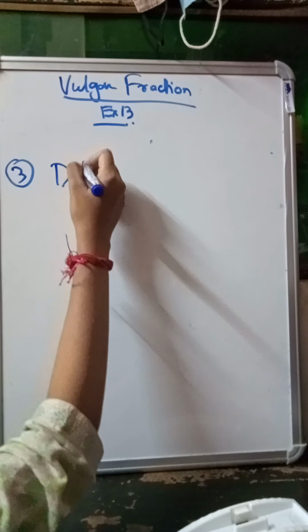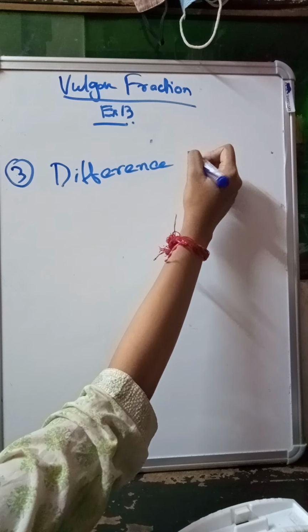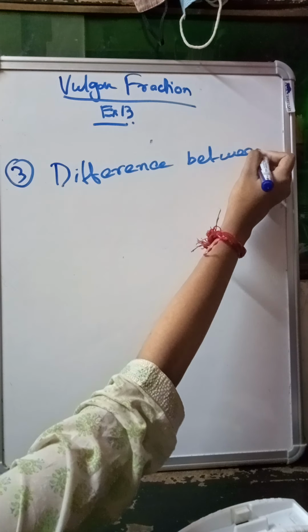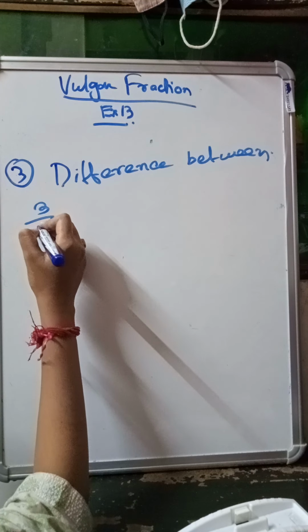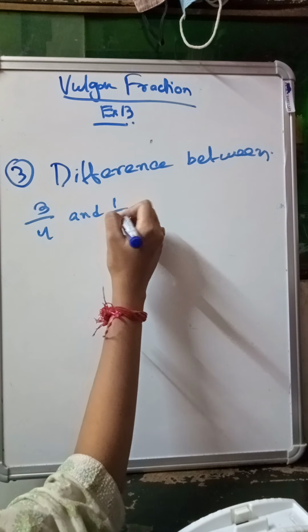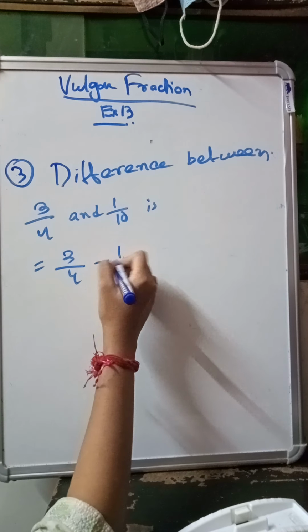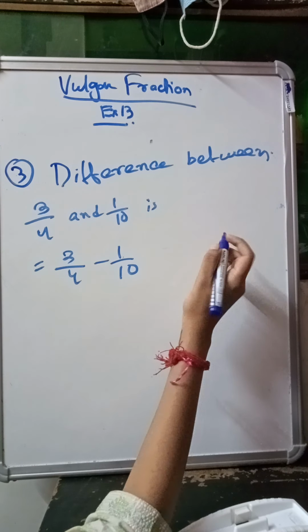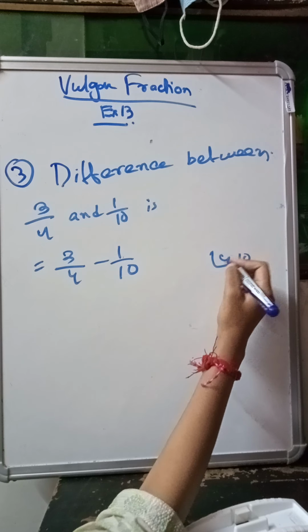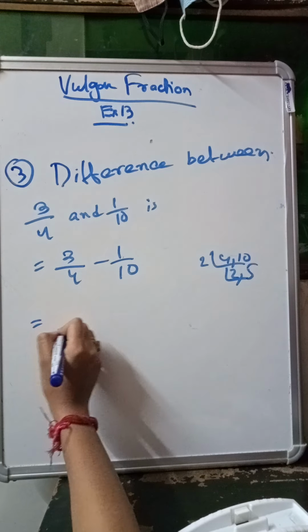The difference between 3 by 4 and 1 by 10 will be how much? 3 by 4 minus 1 by 10. The LCM of 4 and 10 is 20.